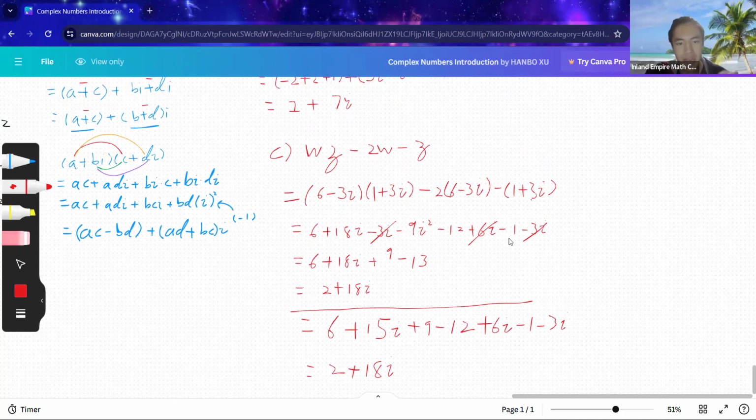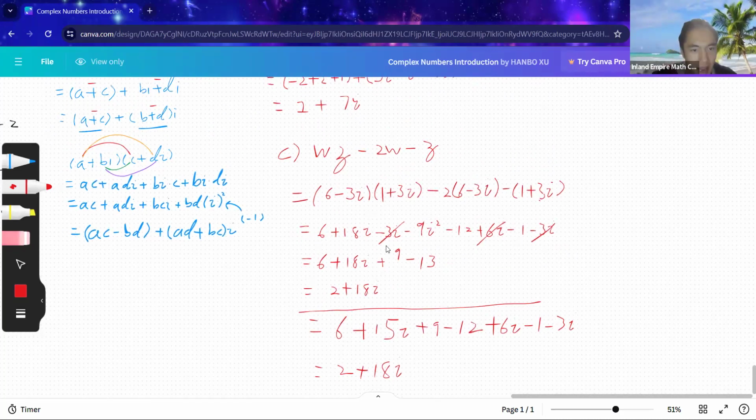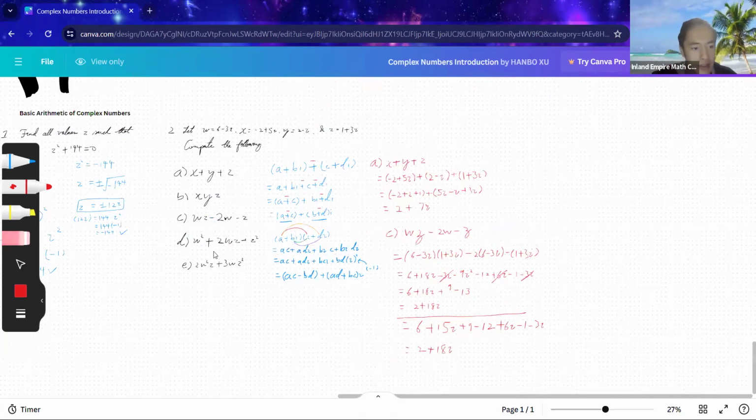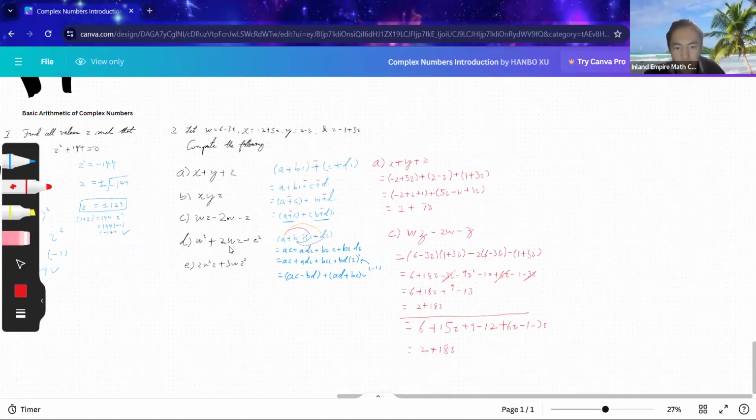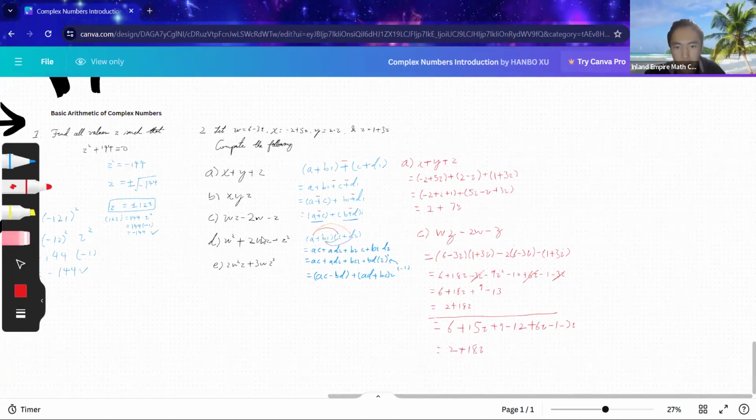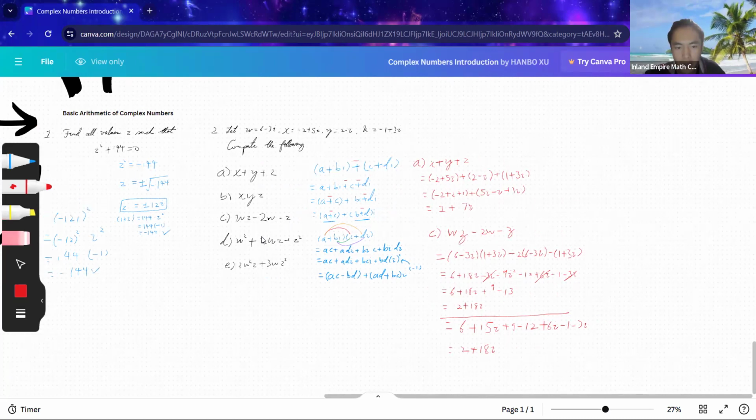Does anyone still need this? Because I'm going to erase it, because Canva is complaining to me about having too many elements on one page. No? Does anyone want this?